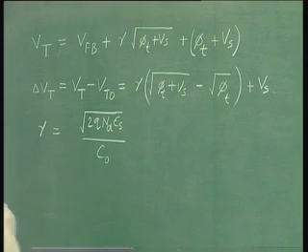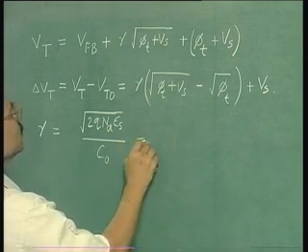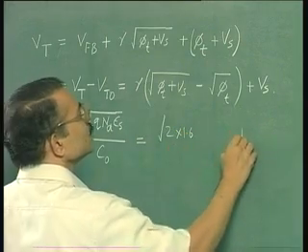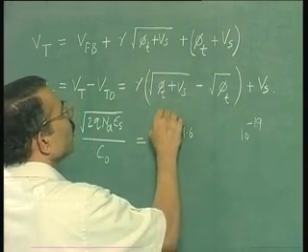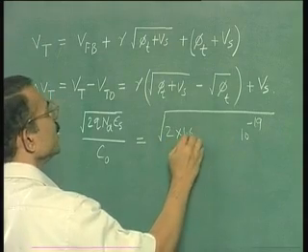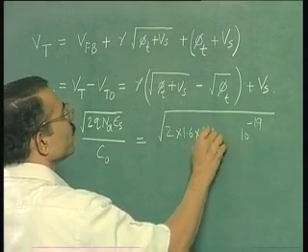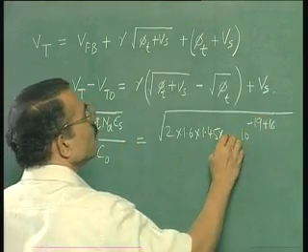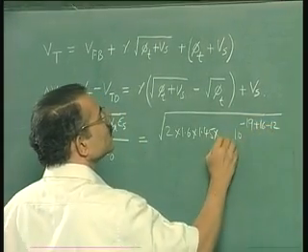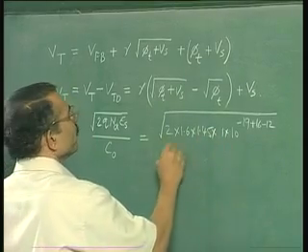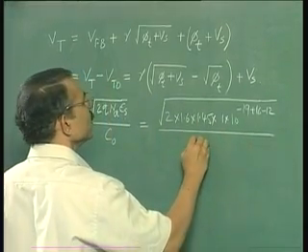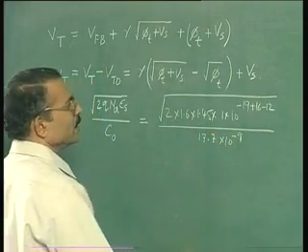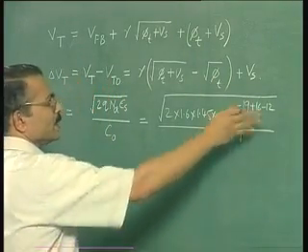Now let us substitute the values here. So gamma is equal to square root of 2 into 1.6, we collect the powers separately, 10 power minus 19 into 1.45 into 10 power 16 into 10 power minus 12 divided by 17.7 into 10 power minus 9 farad per centimeter. So you check that dimensionally this is correct.